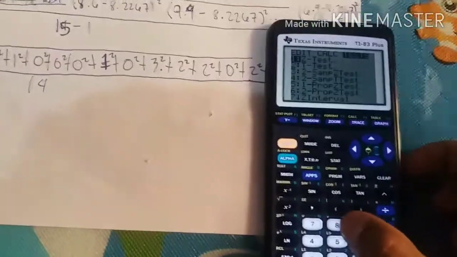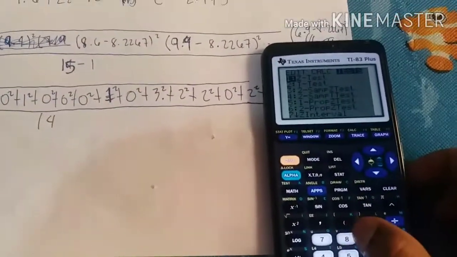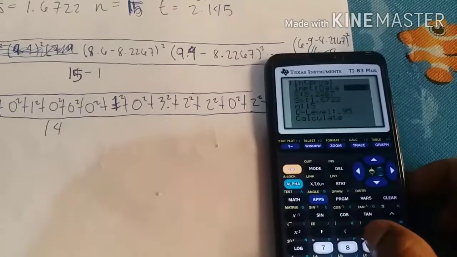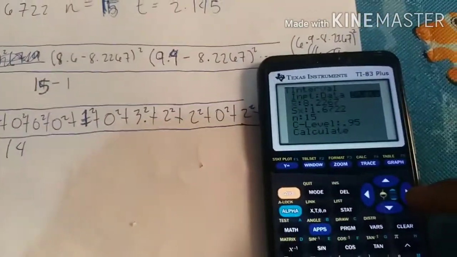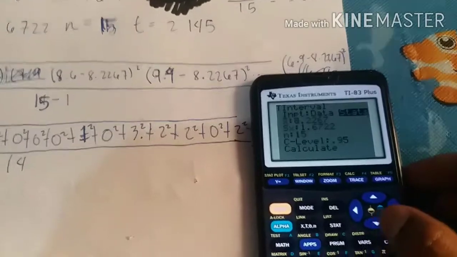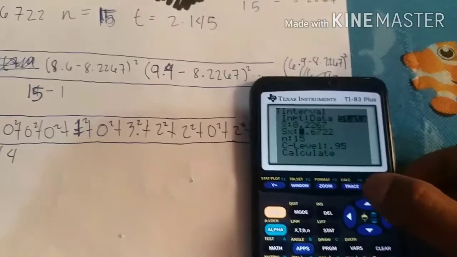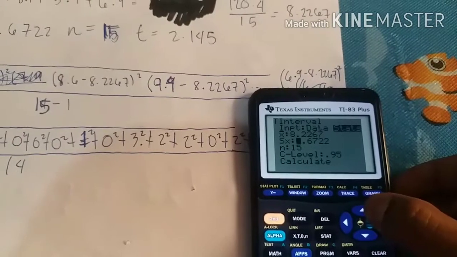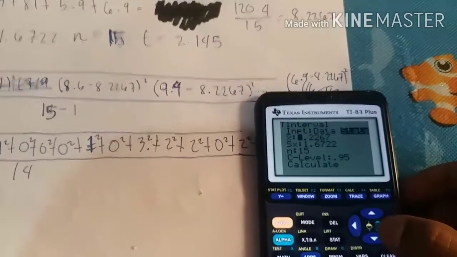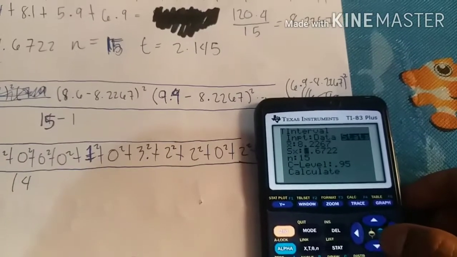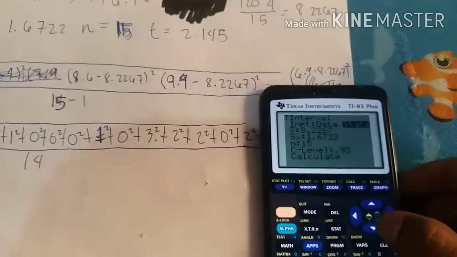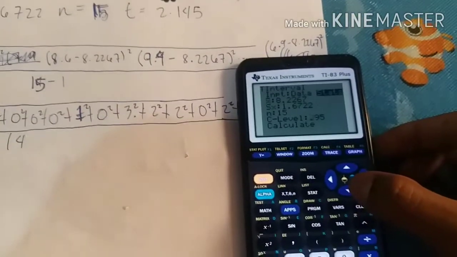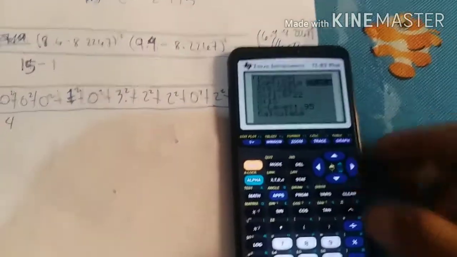Press 8 para sa T interval. Yan, 8.2667 yung sample mean, sample standard deviation 1.6722, and the sample size is 15. So C level, confidence level is 0.95. So calculate it, press enter.